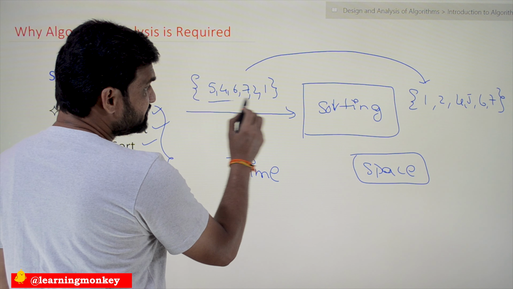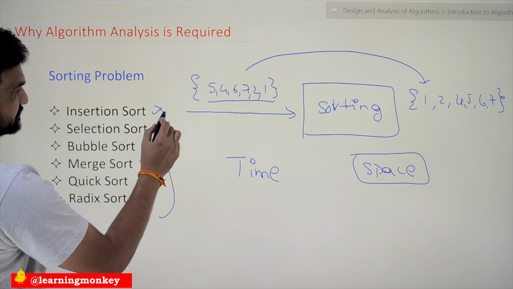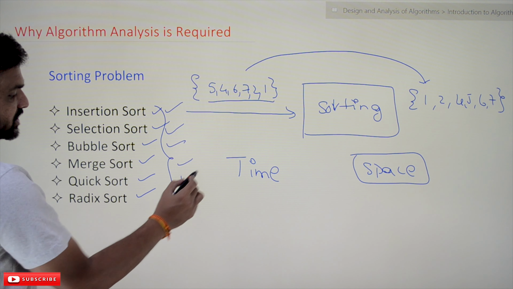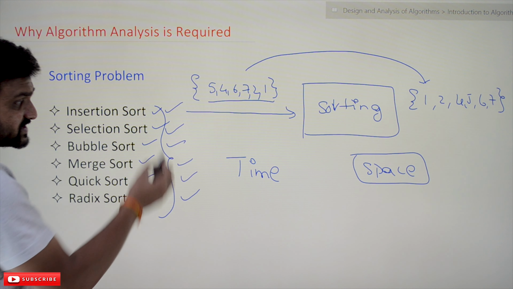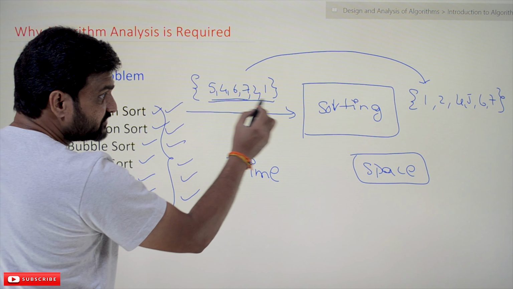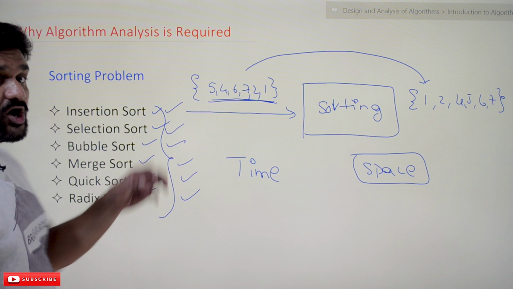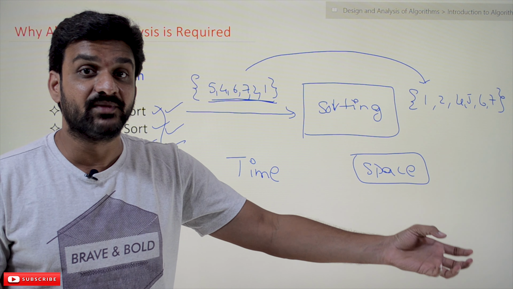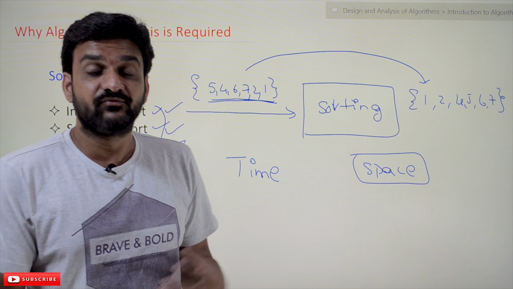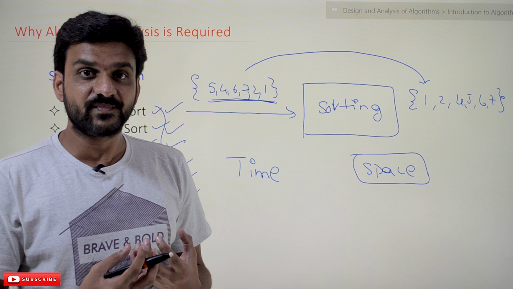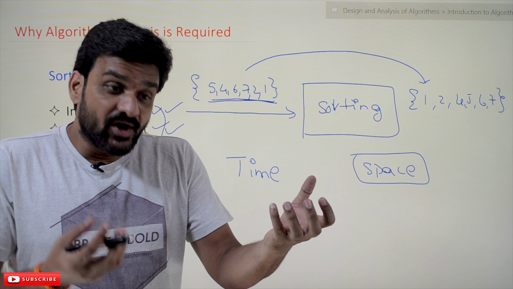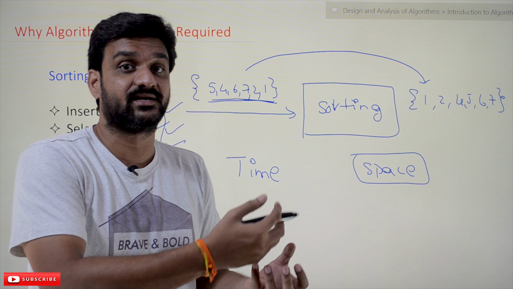If the same input is given to all these algorithms, first insertion sort, next selection sort, bubble sort, merge sort, quick sort and radix sort, which one is producing the output in less time? That one is more efficient, right? We are going to choose that one. So this is the factor upon which we are going to analyze an algorithm.